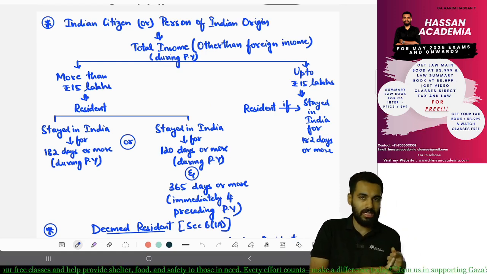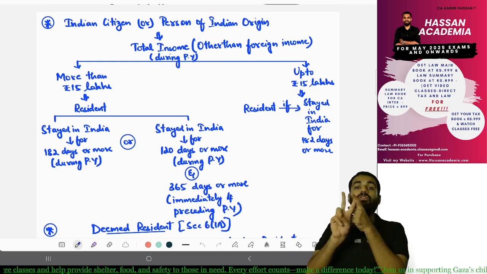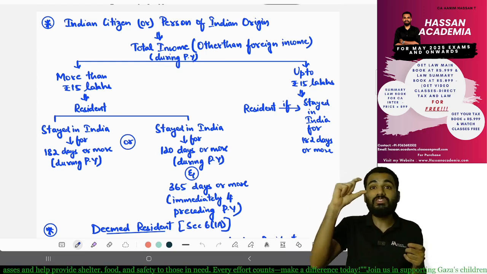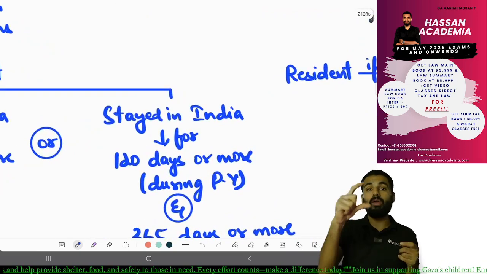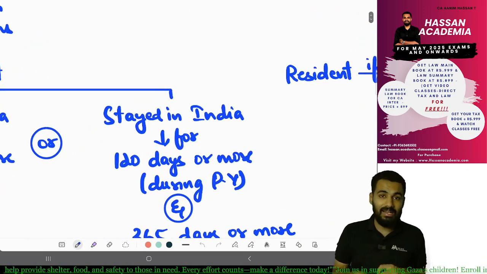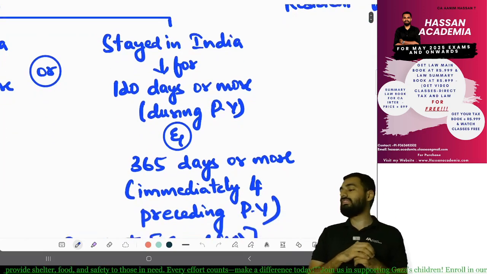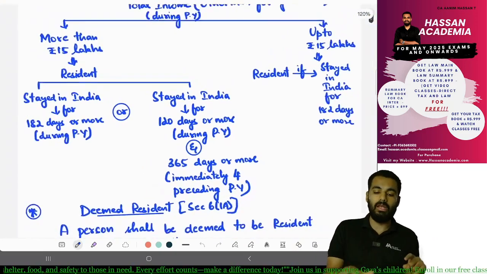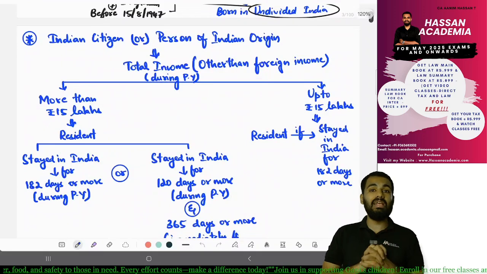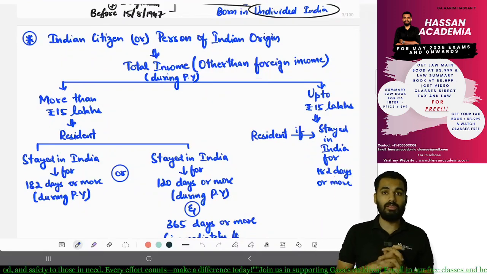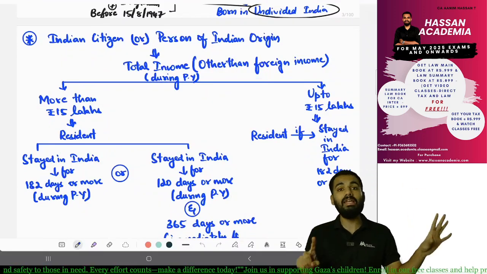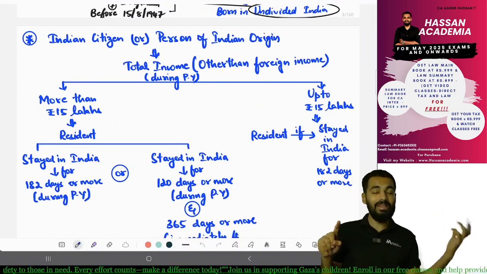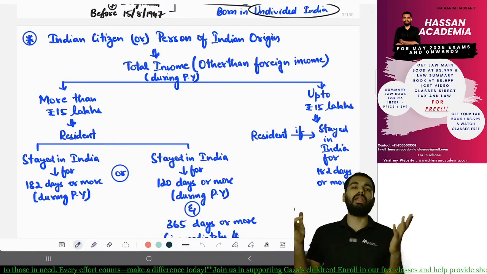That condition should be satisfied. If that condition is not satisfied, instead of 60 days, we will say 120 days. Did he stay in India for 120 days, and along with it 365 days? So instead of 60 days, it is getting converted into 120 days, if he is an Indian citizen or person of Indian origin and his Indian income, total income other than foreign income, is more than 15 lakhs.